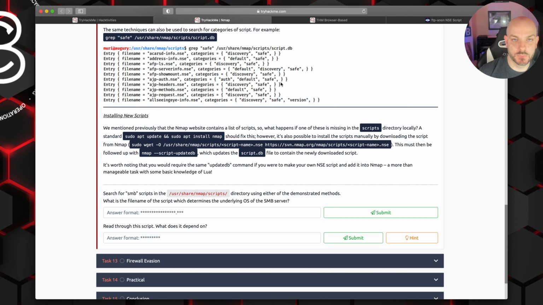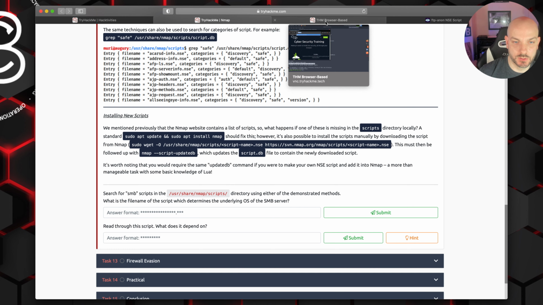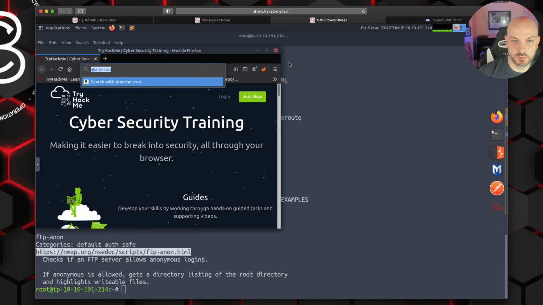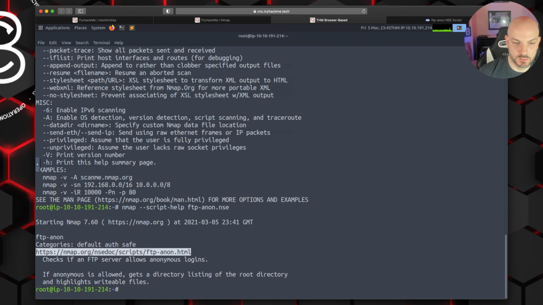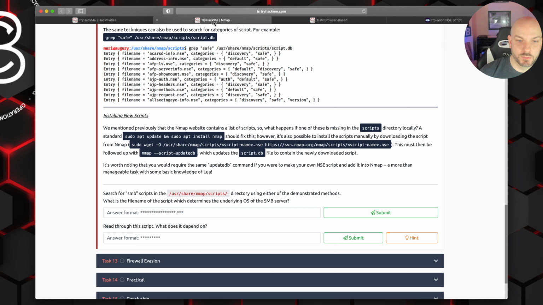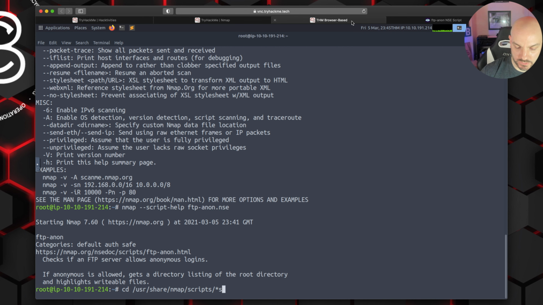Okay, so let's go to /usr/share/nmap/scripts. Let me get rid of this. cd /usr/share/nmap/scripts. And we were going to look for, what was it? SMB.